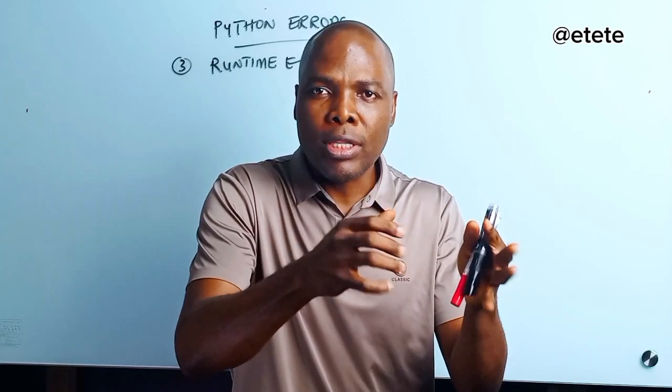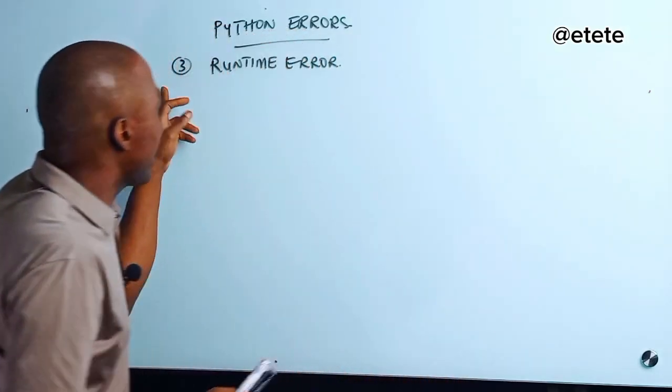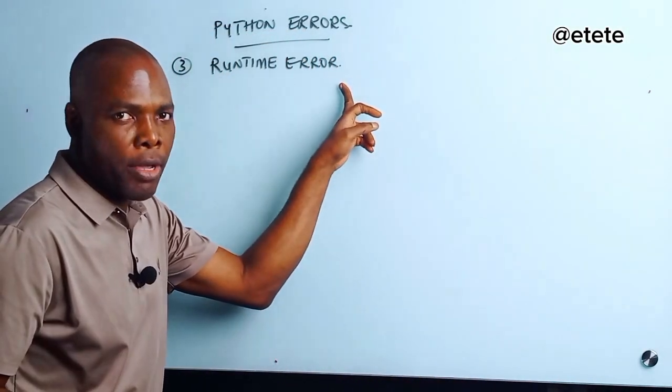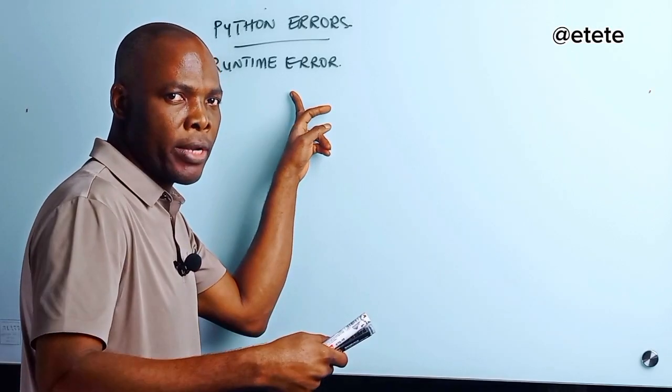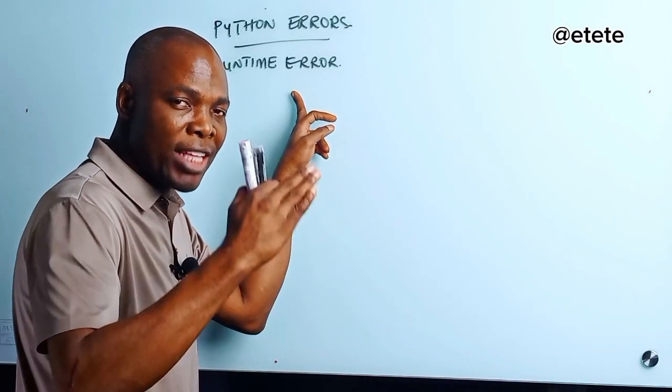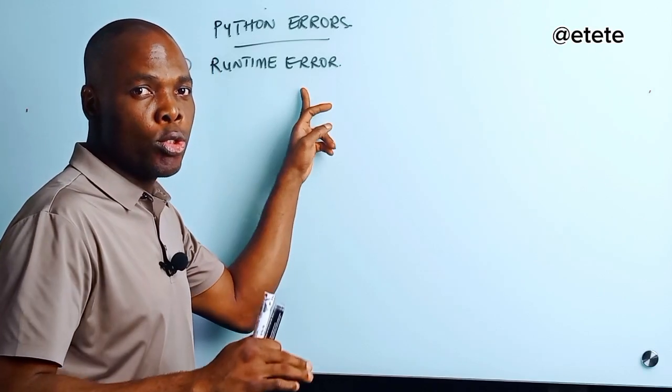The doctor will now what? Capture that error and then allow you to function at your maximum capacity, right? So that is what? Runtime error. Error that occurs at the time of executing the program. It has checked, there is no syntax error. Then it will run, and then it will throw you this error.